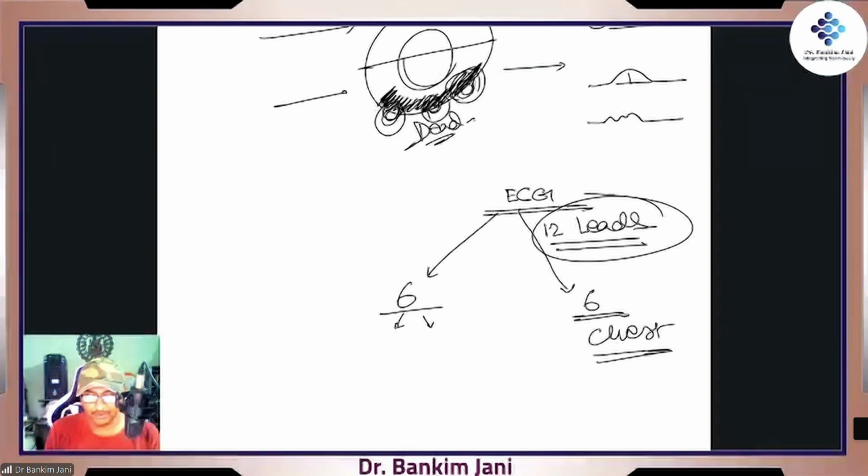6 leads. Out of these 6, we divide it into 3 and 3. 3 leads are the limb leads.